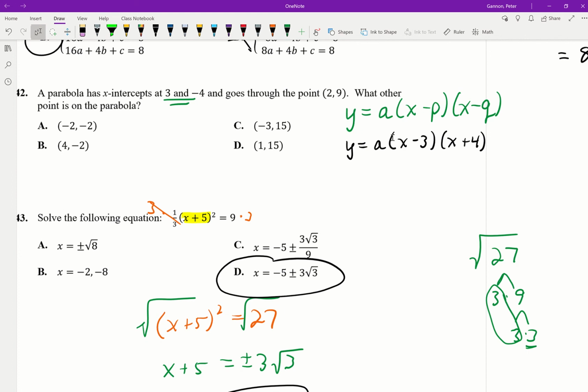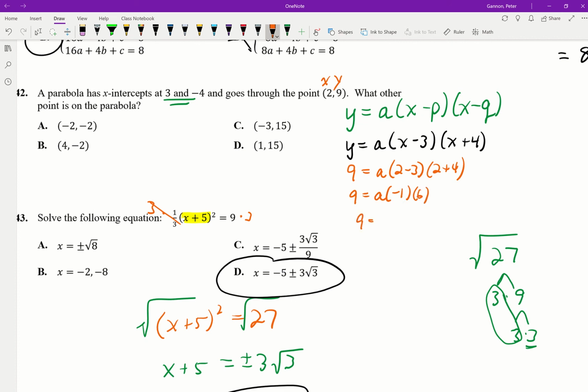We would need to know what a was. That's where this other point comes in. So we're going to plug in those numbers for x and y in order to figure out what the a value is. So 9 equals a times 2 minus 3 times 2 plus 4. So 9 equals a. 2 minus 3 is negative 1. 2 plus 4 is 6.